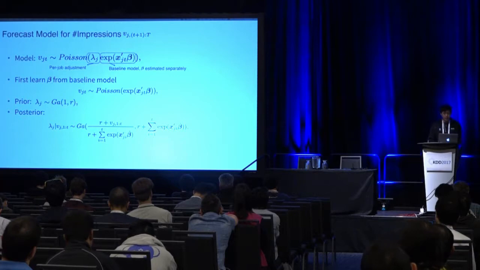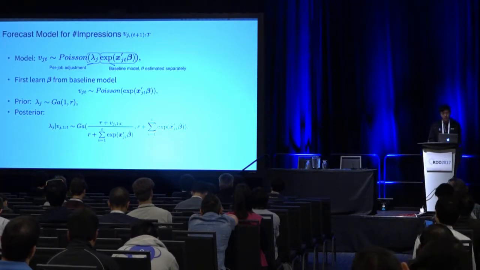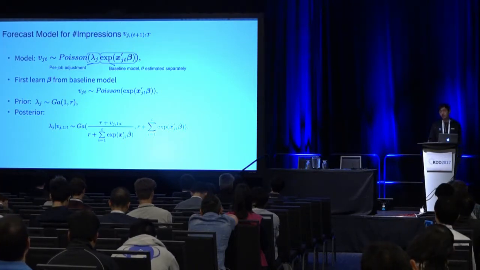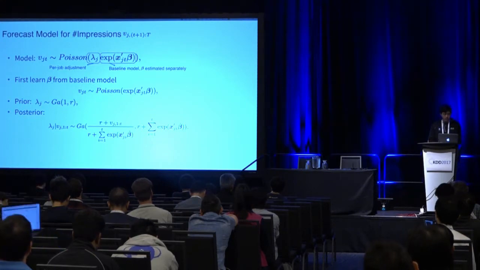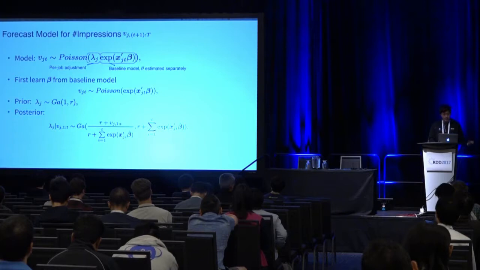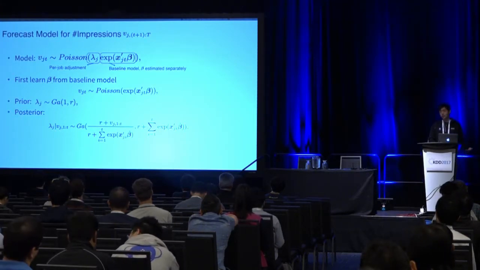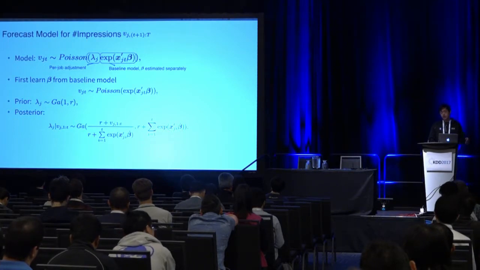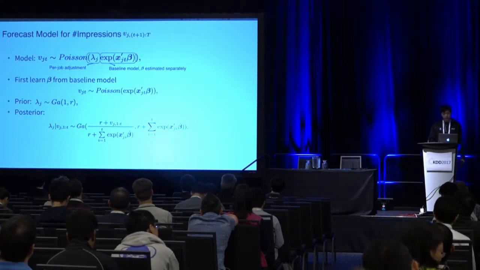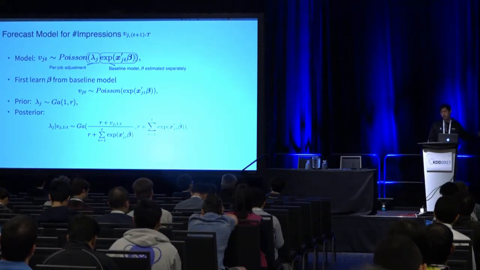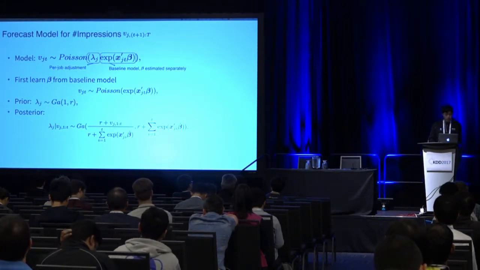You first learn the feature-based baseline model, assuming there's no adjustment, so every job is the same. Then when a new job comes, you assign a prior and update the posterior in real time based on the data you have received. So the job adjustment lambda j starts to become not equal to 1 and learns more and more as you receive more data.